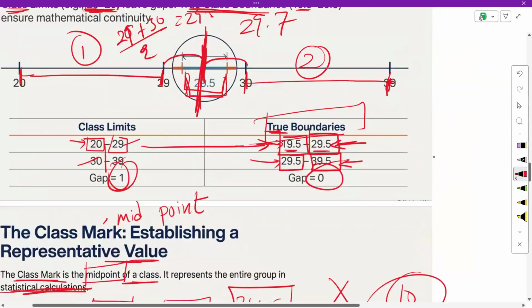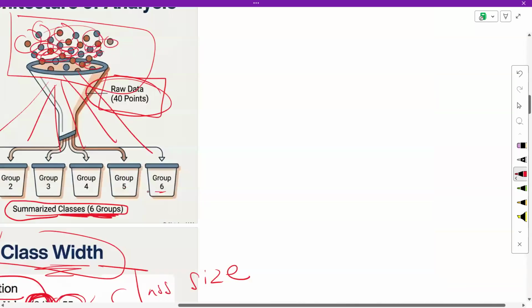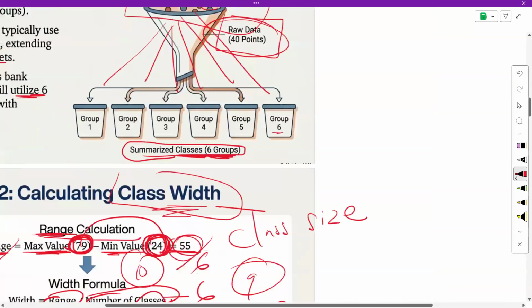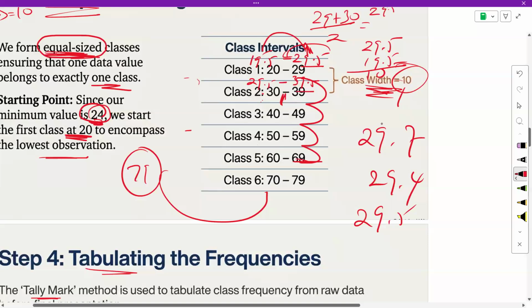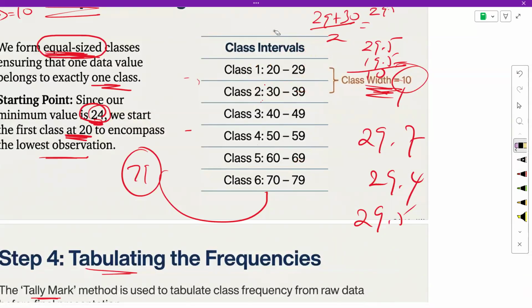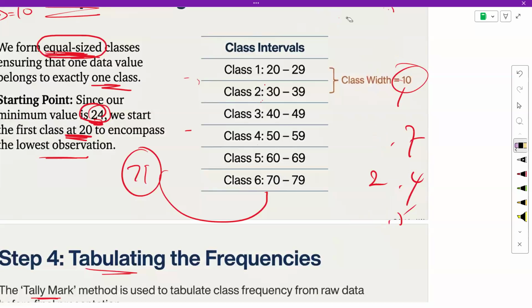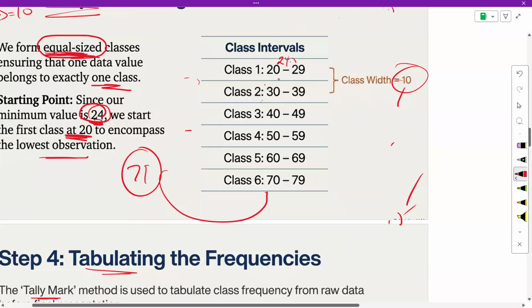Likewise, when you look at here, this is a class. As we find the lower boundary and upper boundary, here 24.5, here 34.5, and when you calculate the midpoint, you may get 44.5, here 55.5, here 64.5, and 74.5.